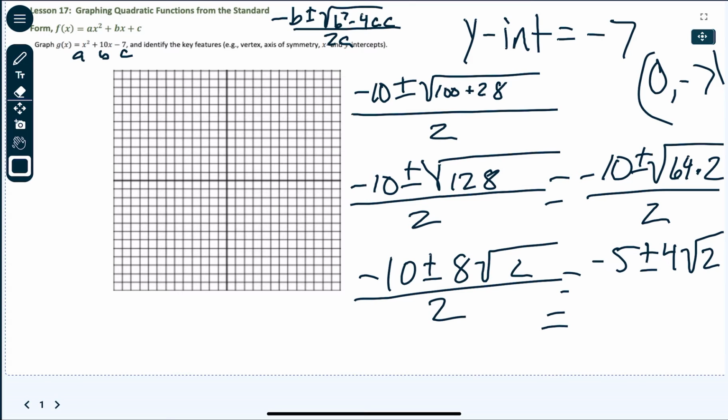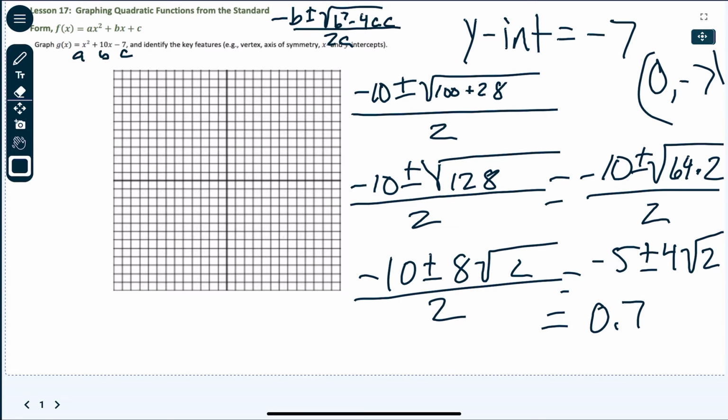So we would have negative 5 plus 4 square roots of 2. And let me see what they did for the answer. Okay, they have it rounded, so we will round it as well to 0.7.